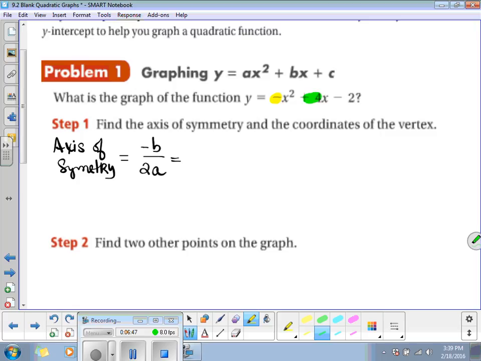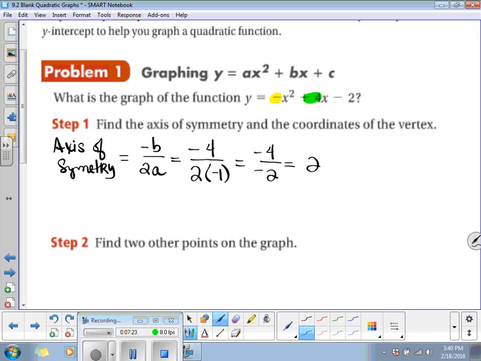This is the a, this is the b. So my a is what? Negative 1. And my b is 4. Okay? So now, we substitute in. So we've got negative 4 over 2 times a negative 1. And then we can simplify that to a negative 4 over negative 2, which gives us positive 2. Okay? That is your axis of symmetry.